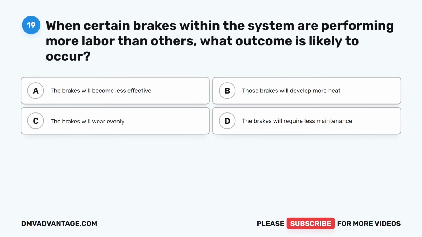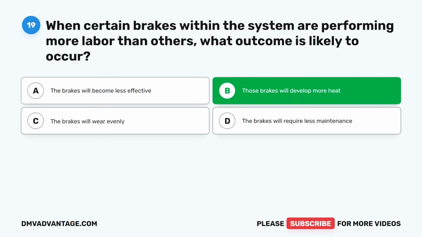Question 19. When certain brakes within the system are performing more labor than others, what outcome is likely to occur? A. The brakes will become less effective. B. Those brakes will develop more heat. C. The brakes will wear evenly. D. The brakes will require less maintenance.